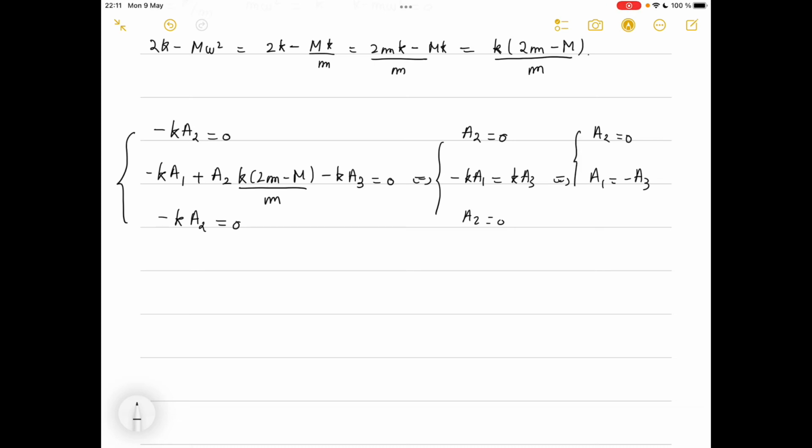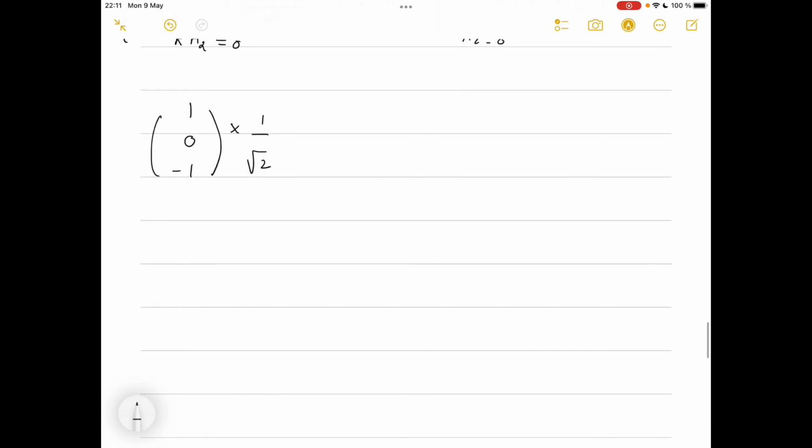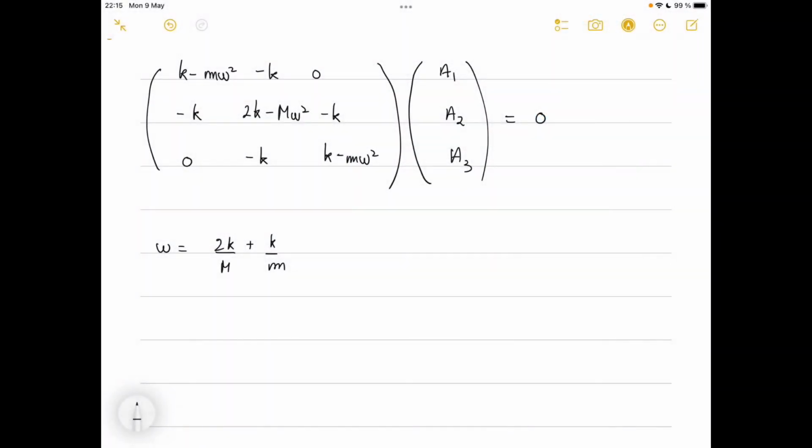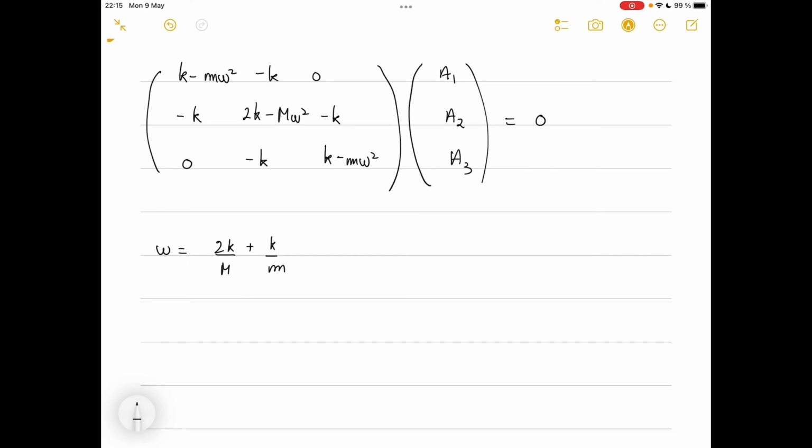So the second eigenvector, or the normal mode, we can just write as (1, 0, minus 1) times 1 over root 2 to normalize it. For the last eigenvector, I've rewritten the matrix equation and the corresponding frequency.